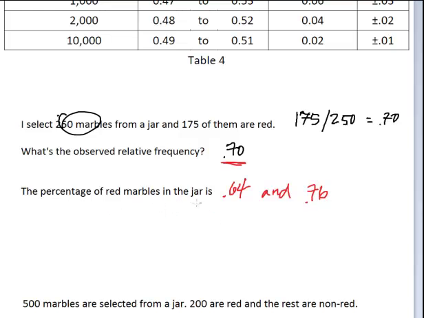Okay, so the percentage of red marbles in the jar is, I should insert the word between here, between 64% and 76%. We don't know exactly where it is, but we're pretty sure. This actually is only an estimation. We're 95% sure that the true percentage of red marbles in the jar, there of course is some true percentage, is somewhere between these two values. Could be anywhere between them.